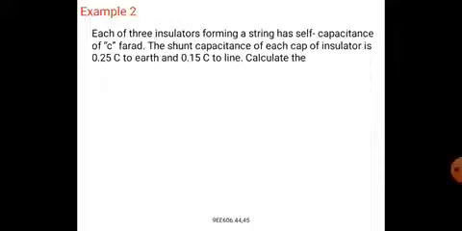The shunt capacitance of each cap of insulator is 0.25 C to earth and 0.15 C to line.